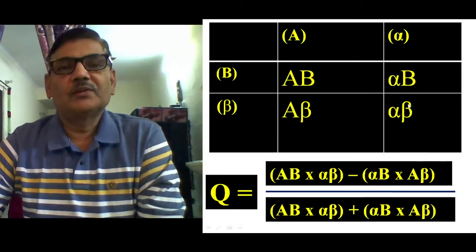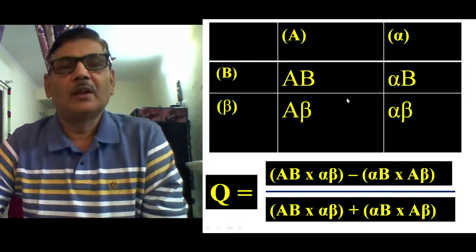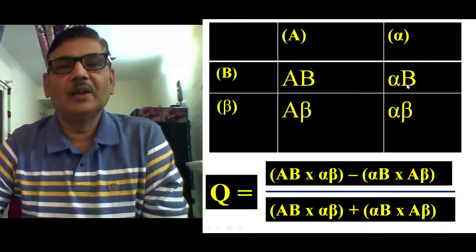So since we have considered these four situations, we can generate an R into C contingency table. This one is a 2 into 2 contingency table where the data can be arranged.